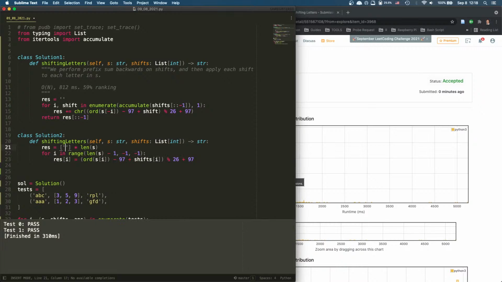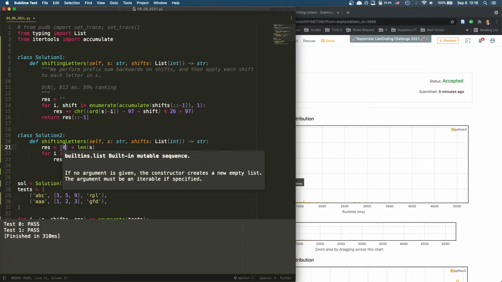Oh, it's going to be this empty string. Oh, it's fine. Let's do it at the end.